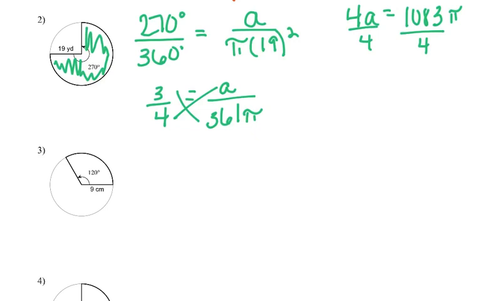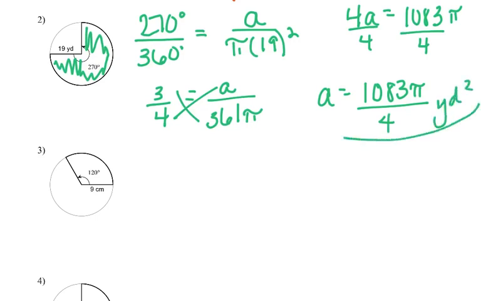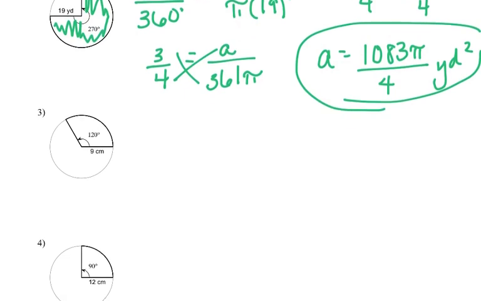So I don't know that this is going to reduce. So we're just going to leave it like that. The area is equal to 1083 pi over 4 square yards.